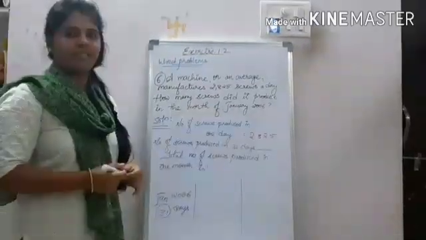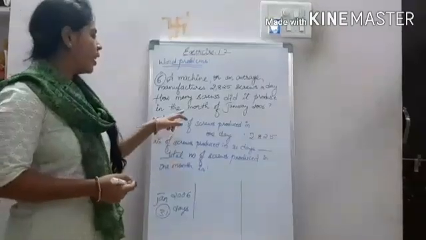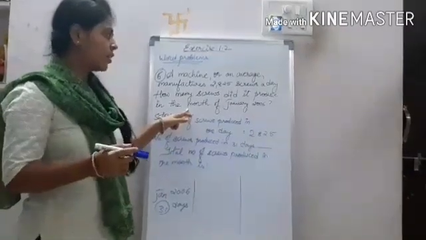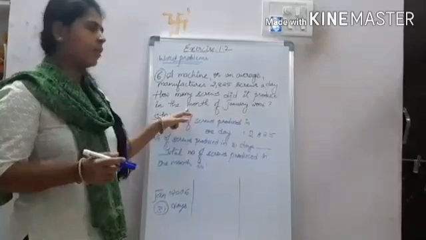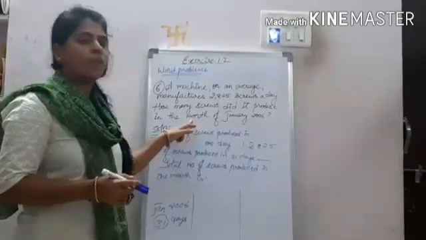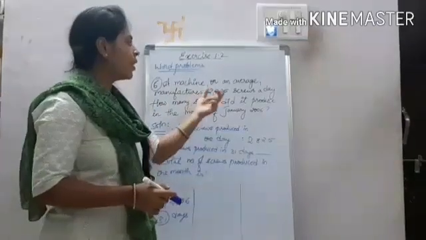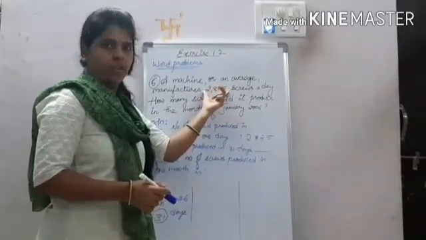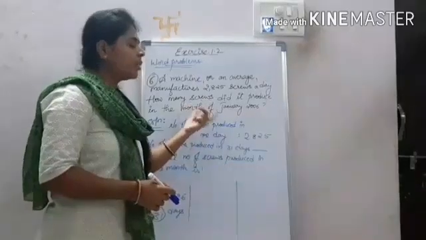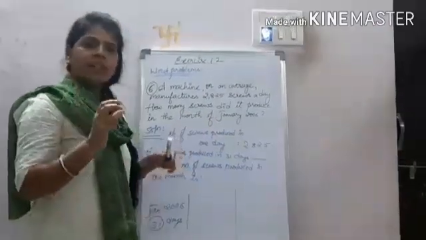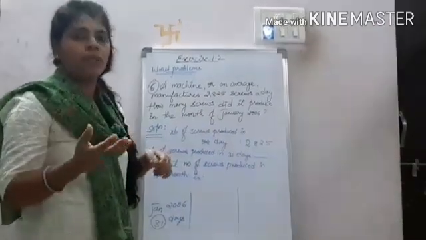As you have seen in the first and second problems, addition and subtraction, the same way in this we are going to see multiplication. See, for one day these many have been manufactured, so for one month you have to find it. When the quantity is small, to find out for more you have to multiply.